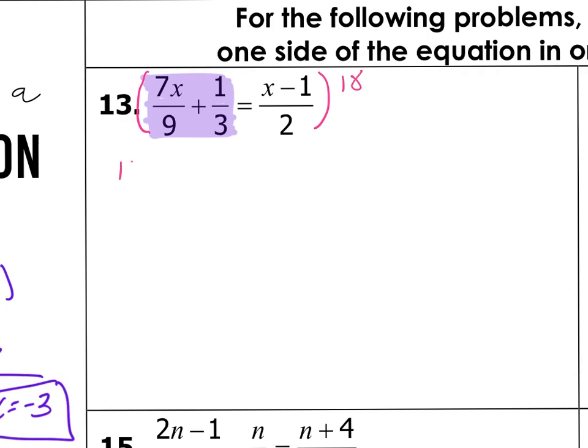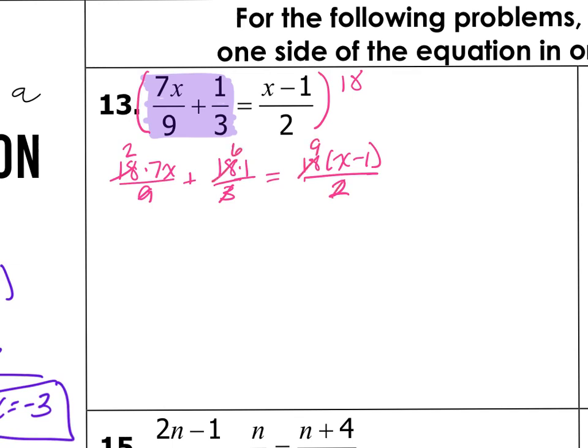So I get 18 times 7x divided by 9 plus 18 divided by 3, well, that's times 1, equals 18 times x minus 1 all divided by 2. Well, 9 goes into 18 2 times, 3 goes into 18 6 times, and 2 goes into 18 9 times. Look, nothing left in the denominator.